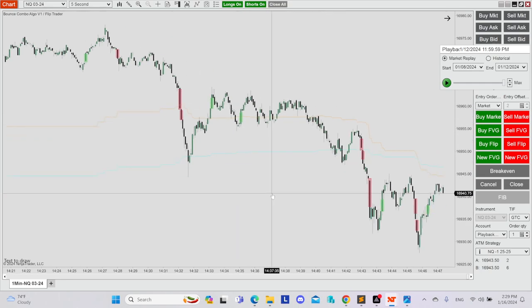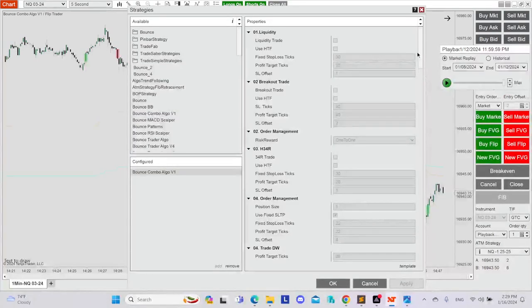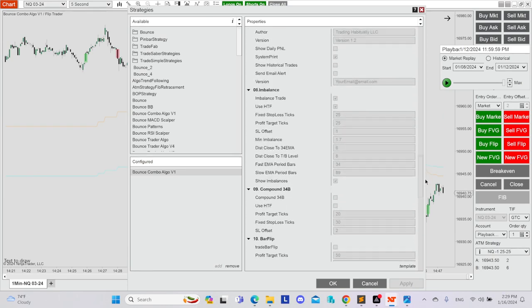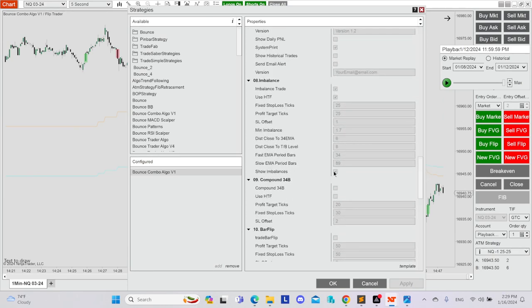Those are FVGs or imbalances, and you could show them right here. You define imbalance here, like 1 point and 7. You have a stop loss and profit target.